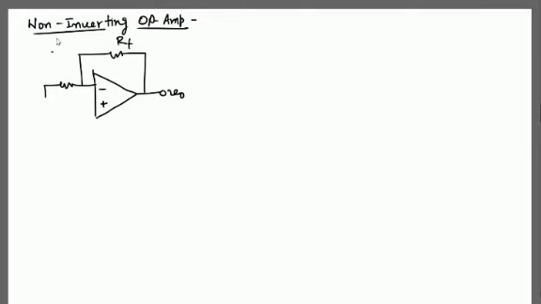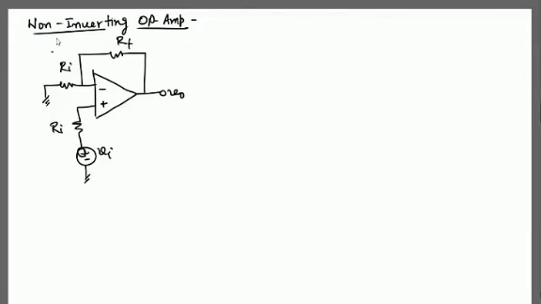In the case of inverting amplifier, we were applying input at the negative terminal, but in the case of non-inverting amplifier, we are applying input Vi at the positive terminal. So this is the difference between inverting and non-inverting amplifier.